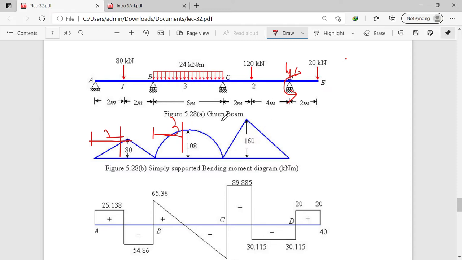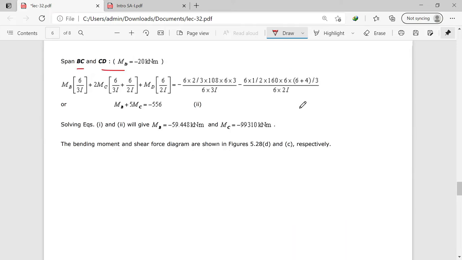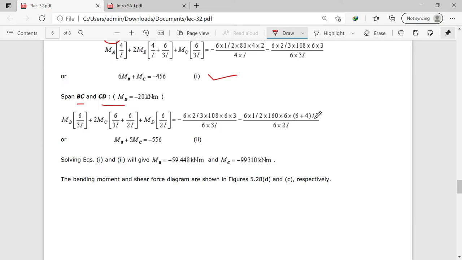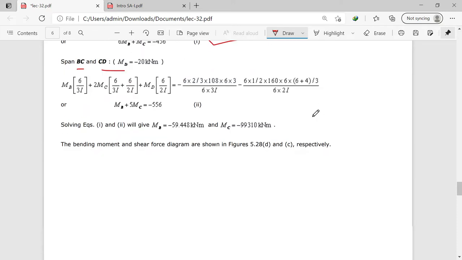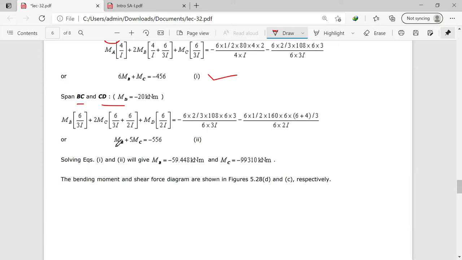Okay, so we have to calculate the centroidal distance here as 6 plus 4 by 3. Okay, 6 plus 4 by 3 we have to consider this. So MB plus 5 times MC is equal to minus 556, the final output we will get.